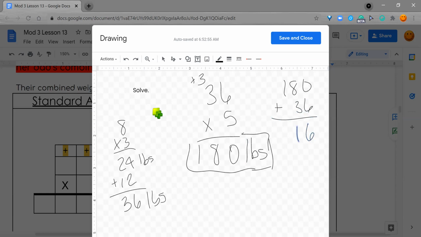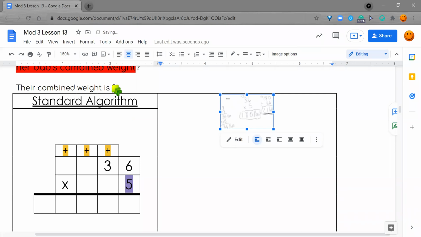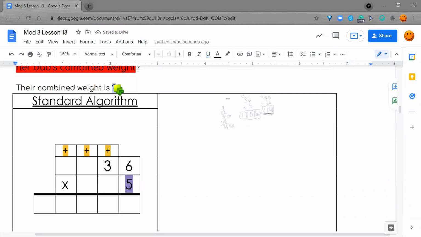I drop my 1 and I carry my 1. 1 plus 1 is 2. So here is my final answer. So 216 pounds. So I'm going to hit save and close and then come over here where I started writing and write 216 lbs, which is an abbreviation for pounds.